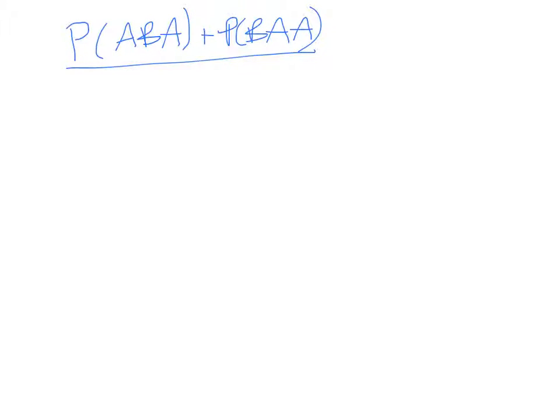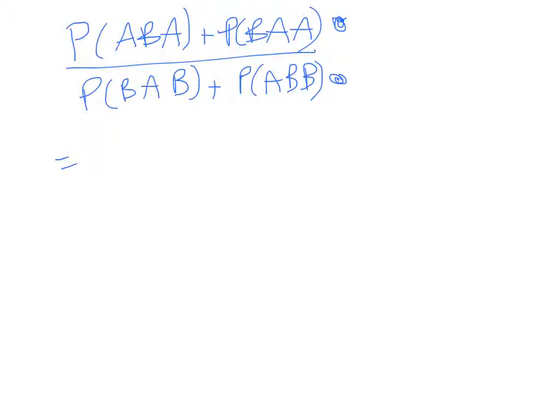So we're working out the probability of ABA plus probability of BAA divided by the probability of BAB plus the probability of ABB. Right, notice that I've lost the denominator of having the probability that it takes 3 games because it is the same up here and down here. So it's simplified out. All we have to do is work out these probabilities.